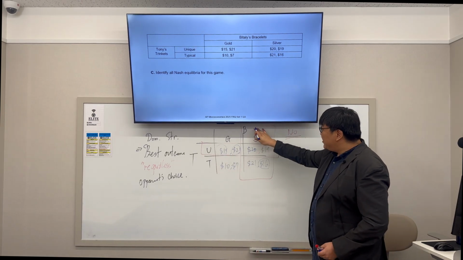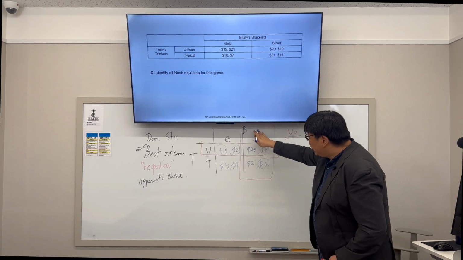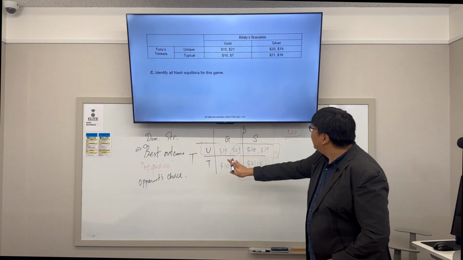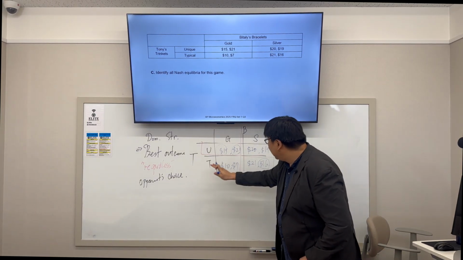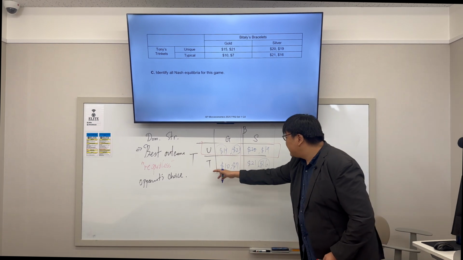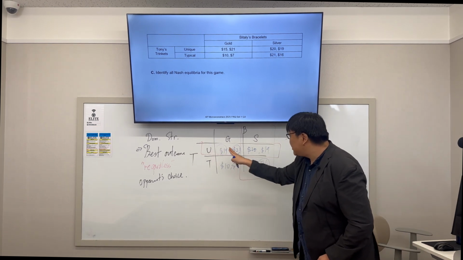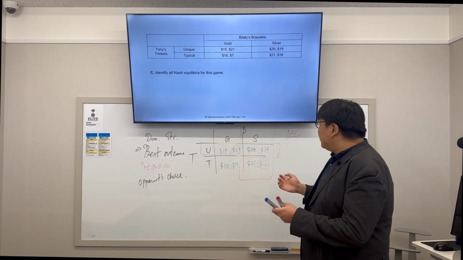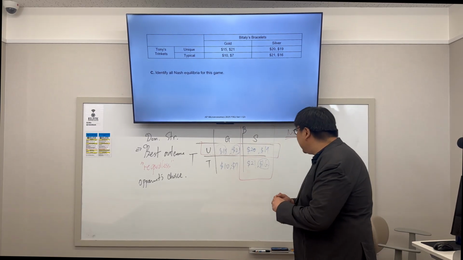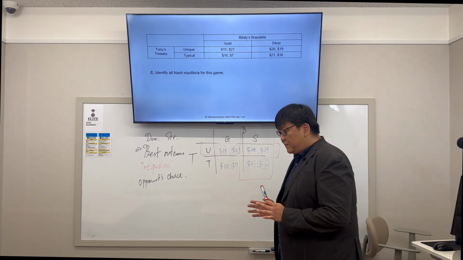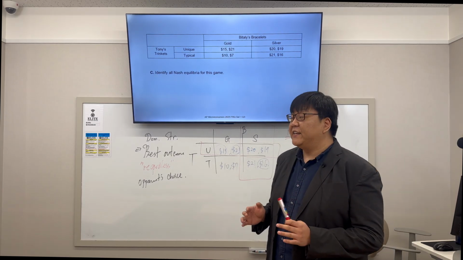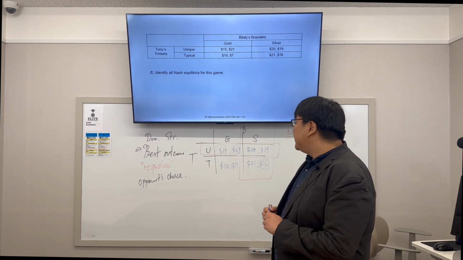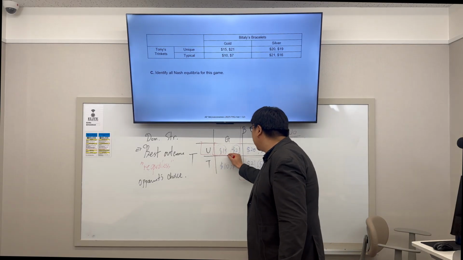In the second scenario, given silver, Tony's best response is to produce typical instead of unique, because 21 is greater than 20. You might have noticed that in this simple pure strategy game, the Nash equilibrium typically lies on the diagonal side.